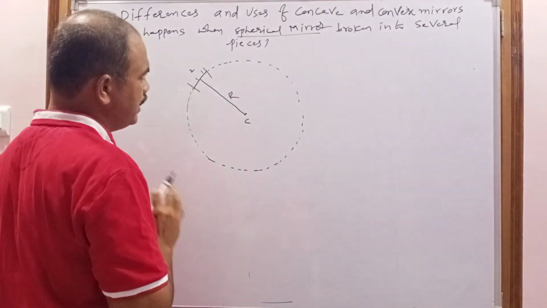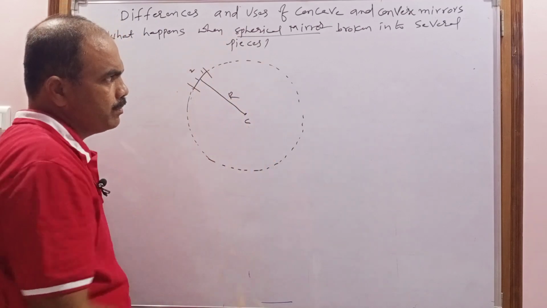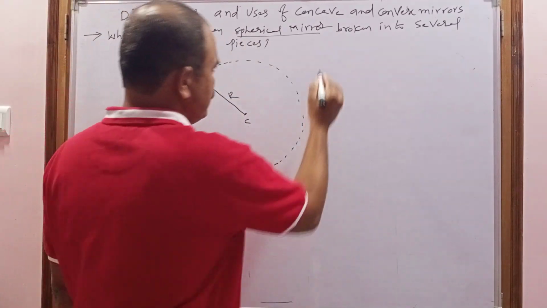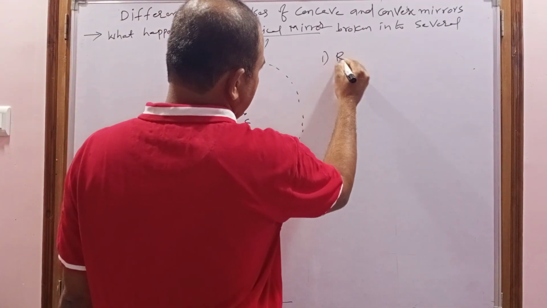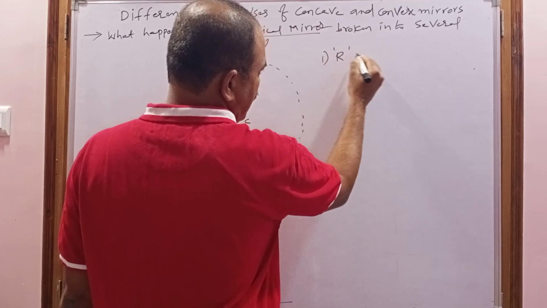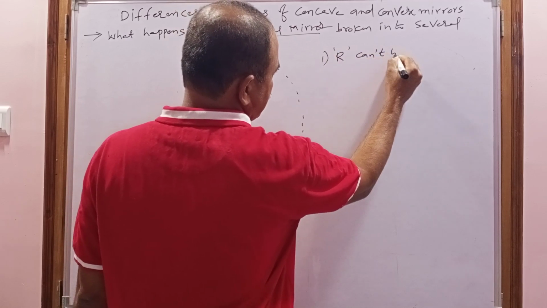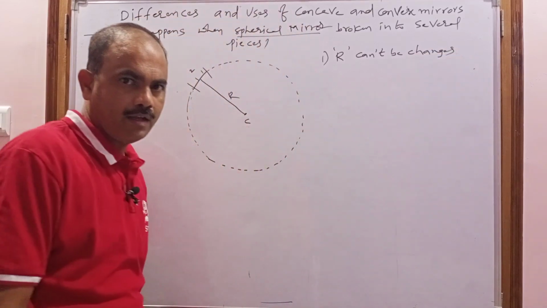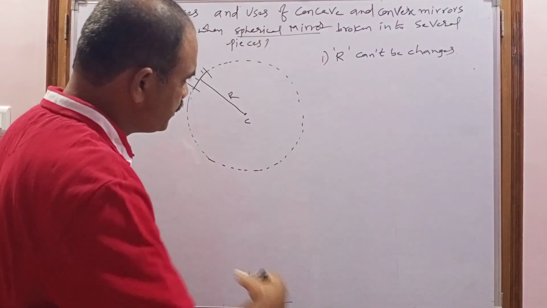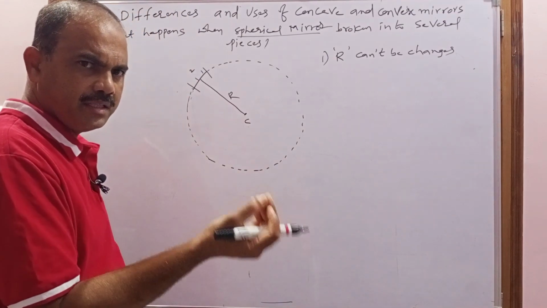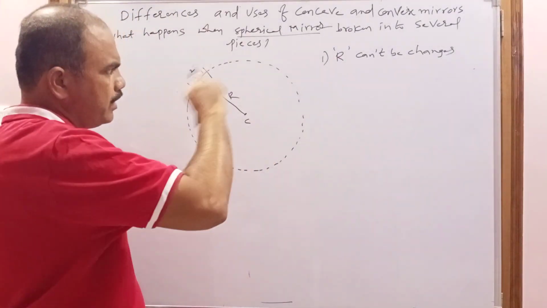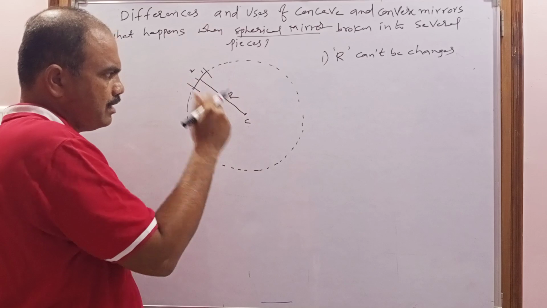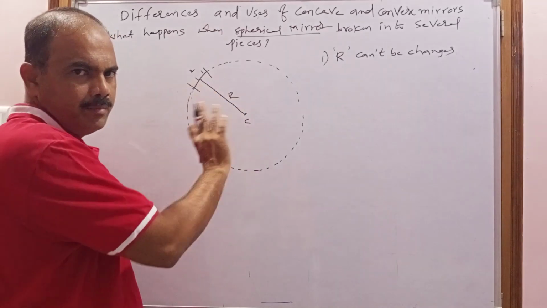So when a spherical mirror is broken into pieces, first, what cannot change? The radius of curvature R cannot change. Why? When it is broken into several pieces, by taking any piece and constructing the sphere, you get the same center of curvature and the same radius of curvature.